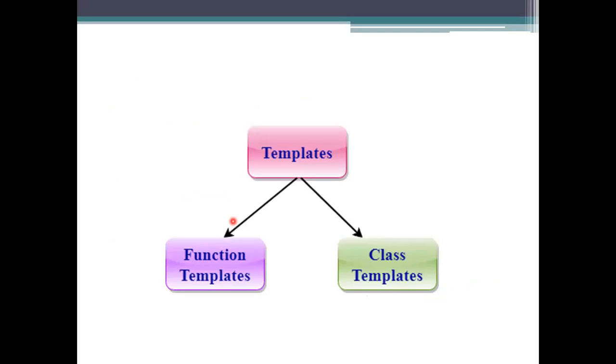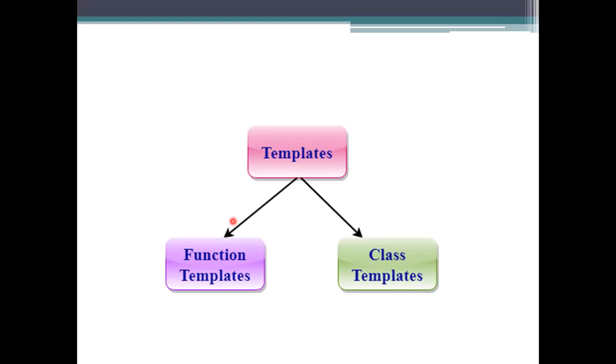So here, how are we going to create the class templates? If a class has been created and it is specified as a group of similar classes, what could be the advantage of using class templates?